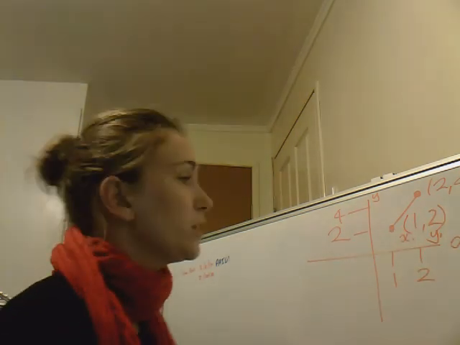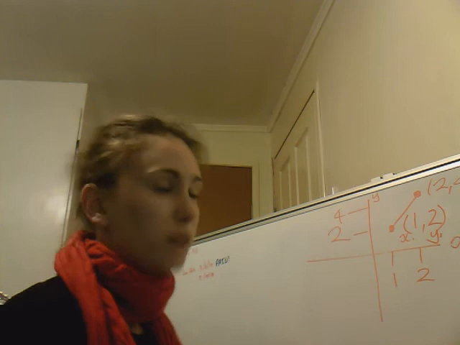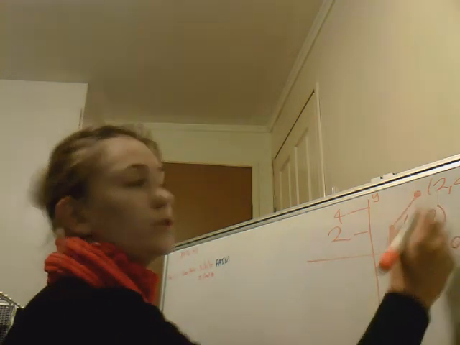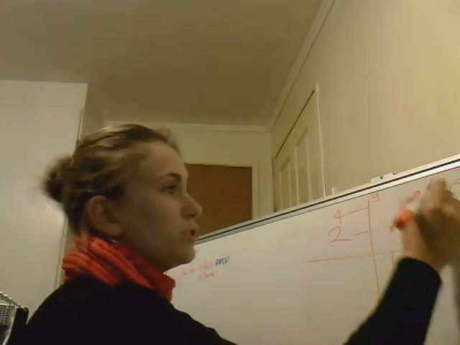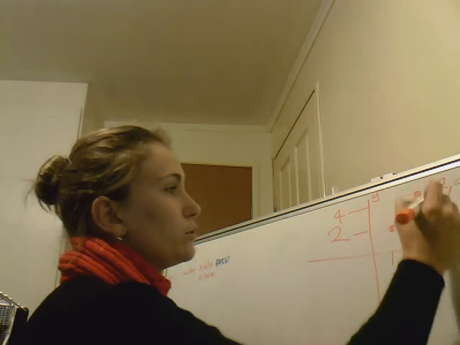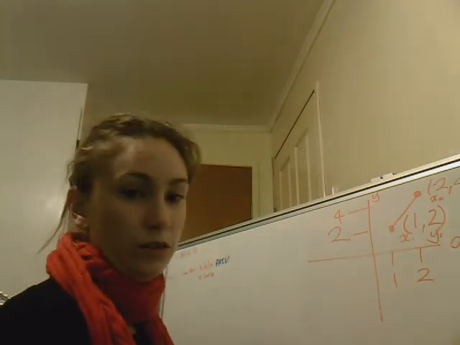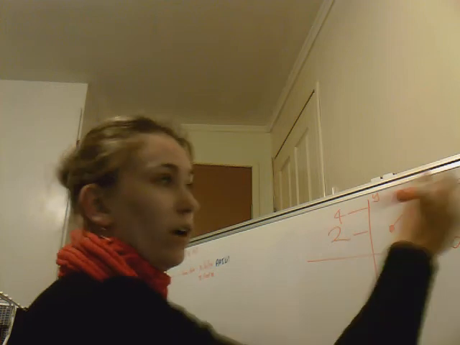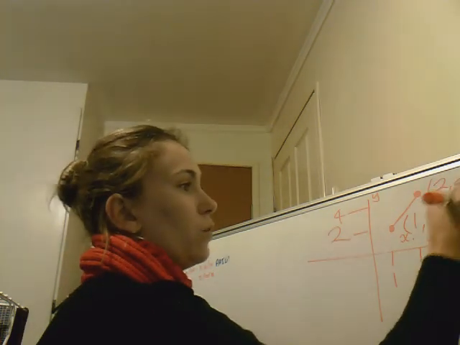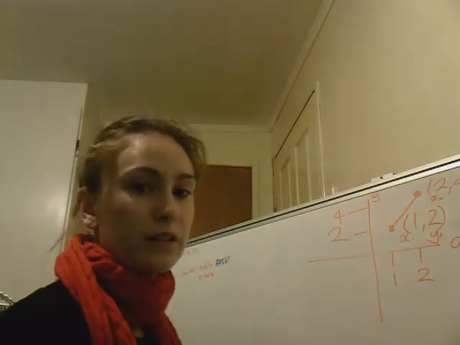Because it's my first point, I have x1 and y1. My second point, which is 2, 4, has 2 labelled as x2, and my y value is going to be y2, because it's my second point.